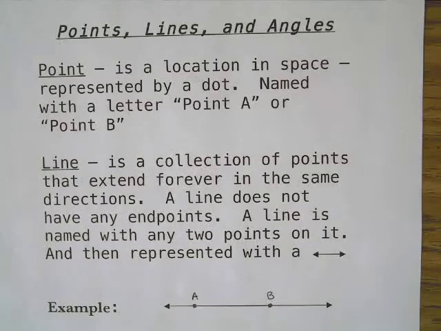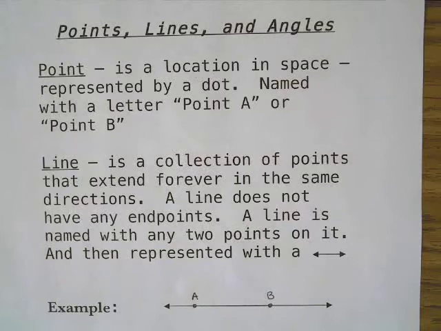It's just going and going and going. It is named with 2 points that are on it. It can have 10 different points on it, and when you name it, you can name it with whatever 2 points you want to name it as.